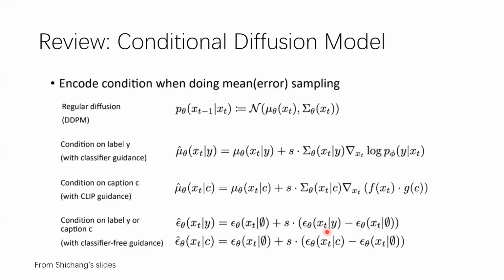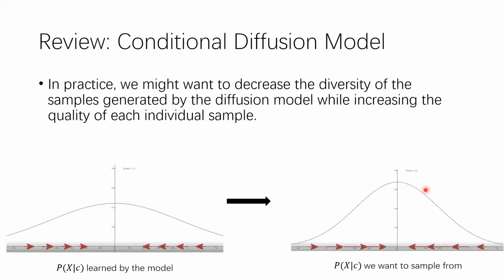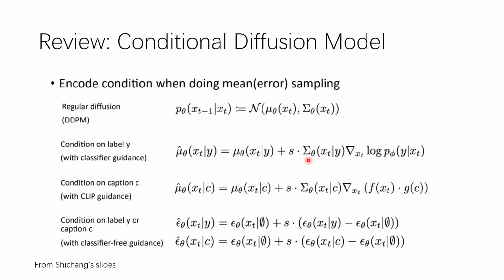When you add this step, you can shift the distribution from this one to this one. Another way of thinking about it is, if you think of theta as a distribution, one is a distribution like this, and this one is a distribution like this.